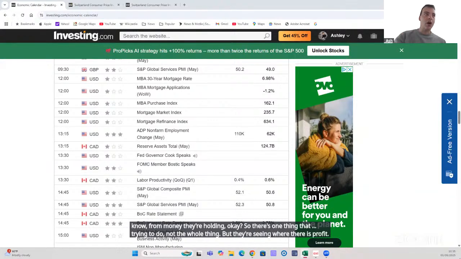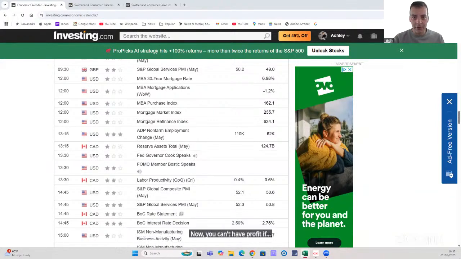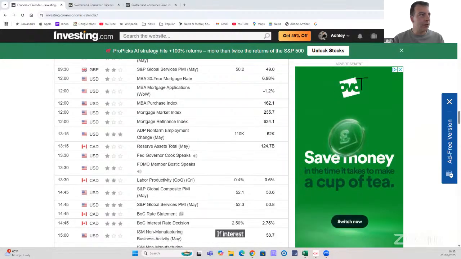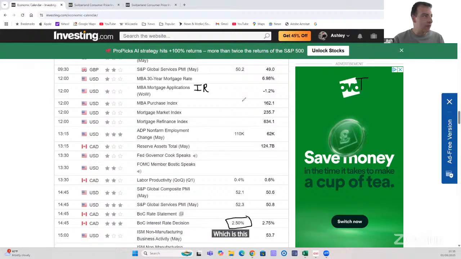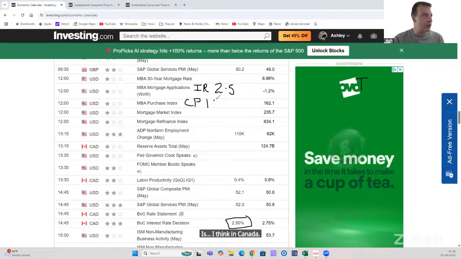profit. Now you can't have profit if, and I'm going to see if I can draw this. If interest rates, I'm going to do that as IR, interest rates, which is this, is at 2.5, and inflation, which is CPI, is, I think in Canada, to my knowledge, it's 2.3.